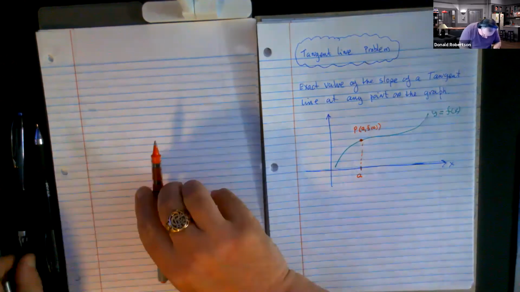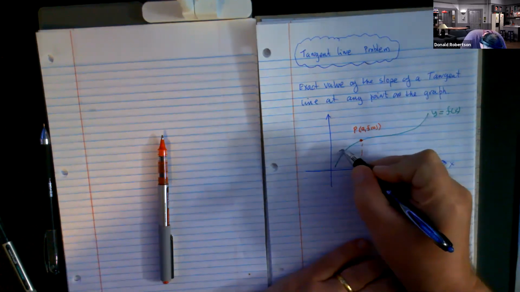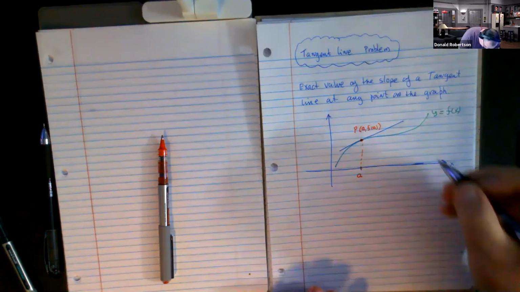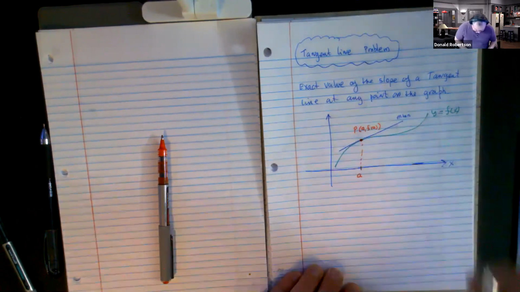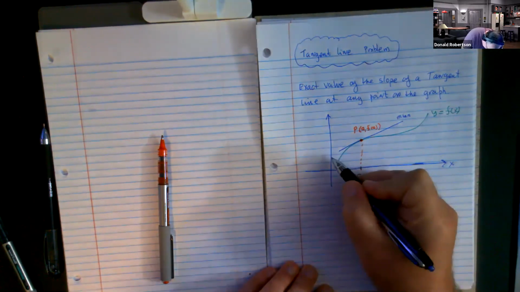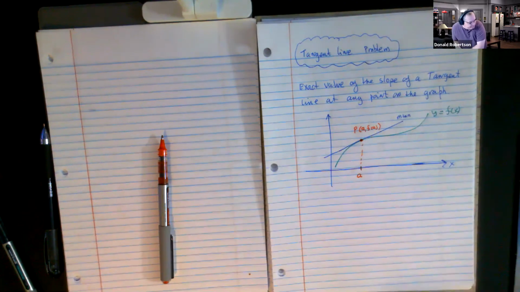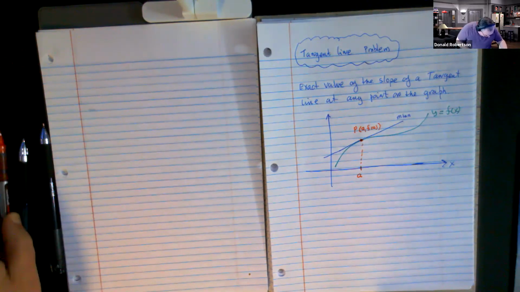And then we're going to draw a line that should be the perfect tangent line. And that's the guy we are going to find the slope of. So how's that going to work?